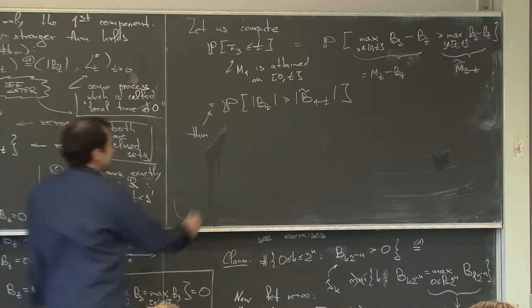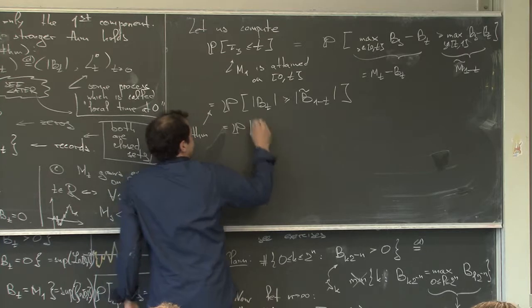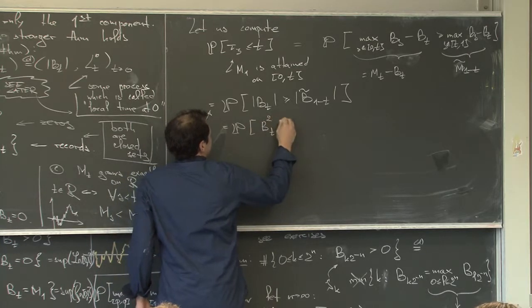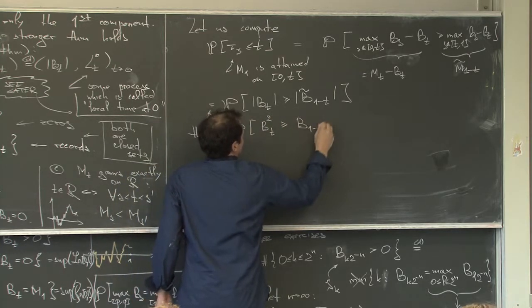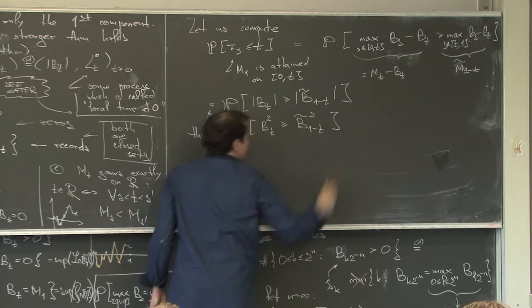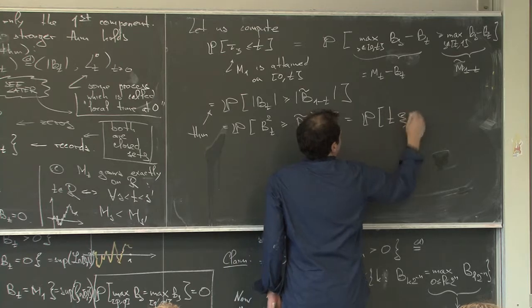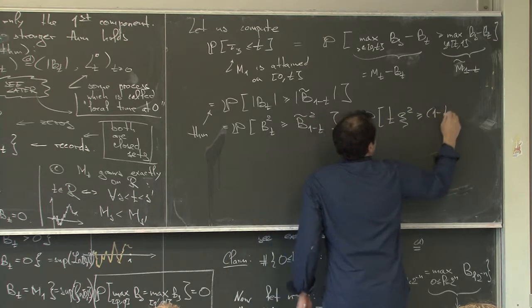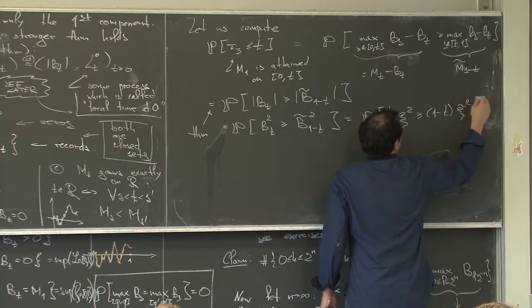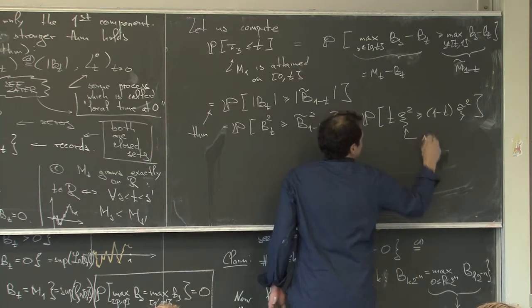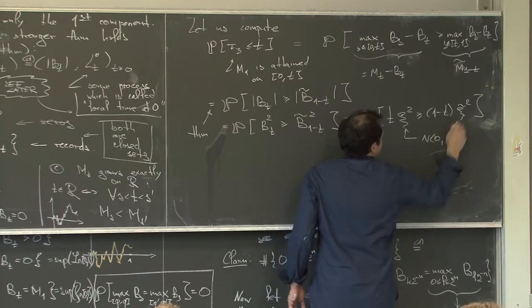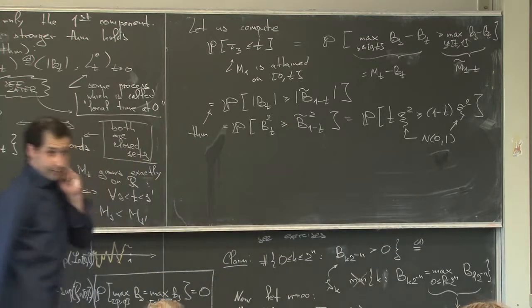And then I rewrite it as Bt squared greater than B 1 minus t squared, or the ratio of xi squared, where both xi's are standard normal variables.